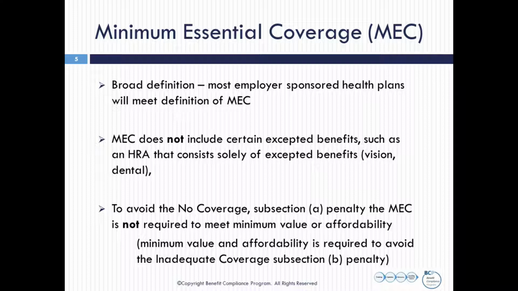And know that to avoid this no coverage penalty, your minimum essential coverage is not required to meet minimum value or affordability. Those two pieces come in to avoid the subsection B, or inadequate coverage penalty. So your minimum essential coverage is simply a health insurance plan that you are offering employees.